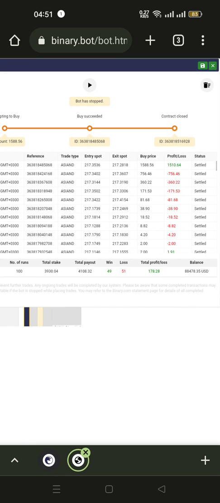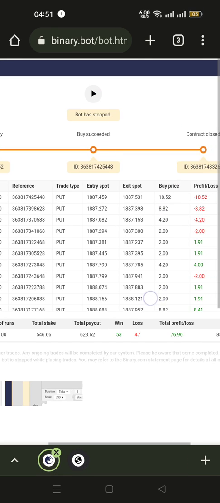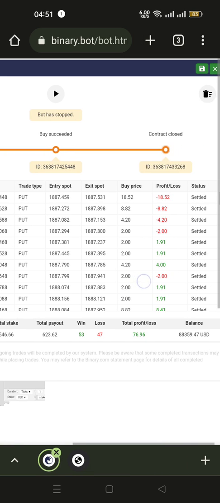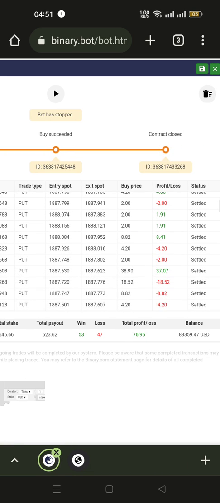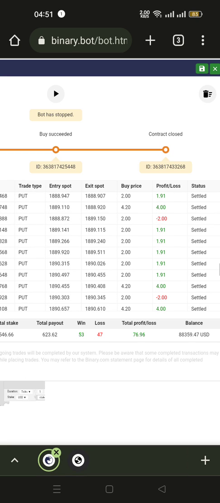We've closed with $178. On this other side, we closed with $76. But there are factors that I need you to put into consideration. One is, how safe is your account? Because it's not just about making the money.